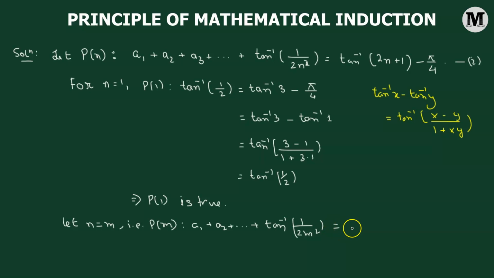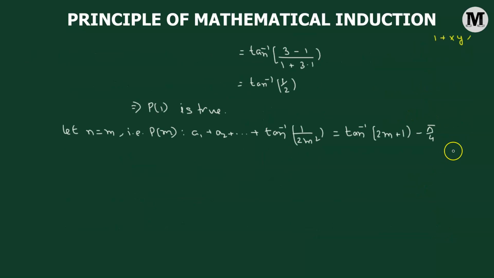This is equal to tangent inverse of 2 times m plus 1 minus pi over 4. This is our statement P of m, and we are assuming this is a true statement. This is an assumption. Let's call this statement number 3.